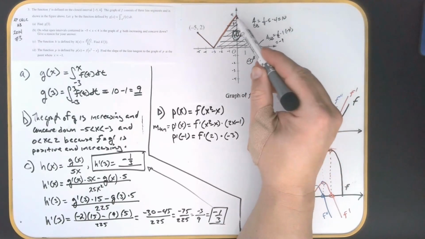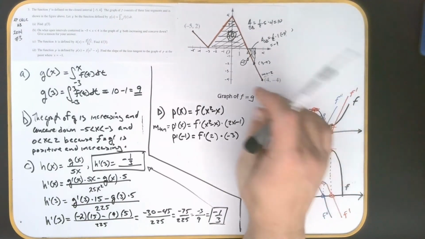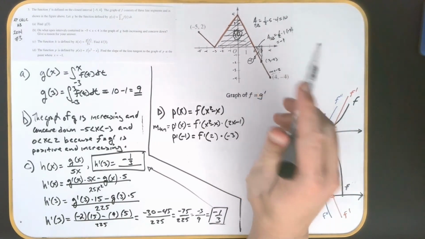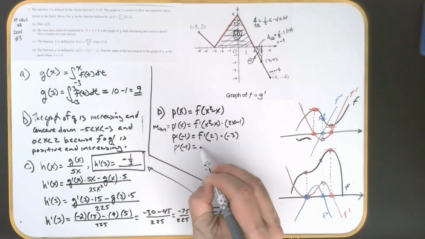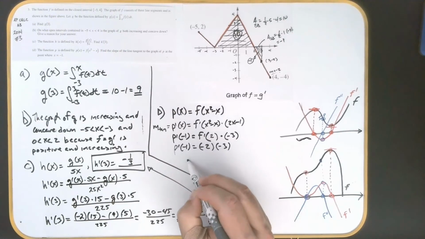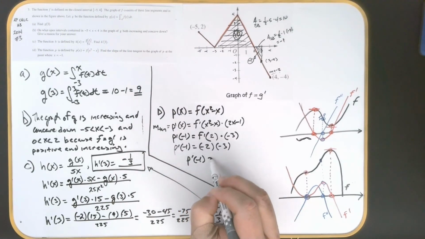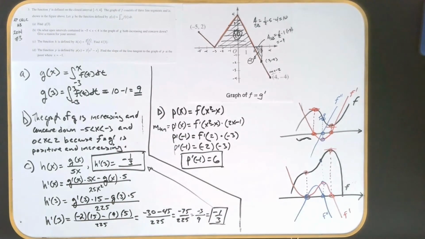The slope of this line is negative 2. We did that earlier in the problem. So that's negative 2, and then times negative 3. Looks like our derivative at negative 1 is equal to 6. Okay. And there it is.